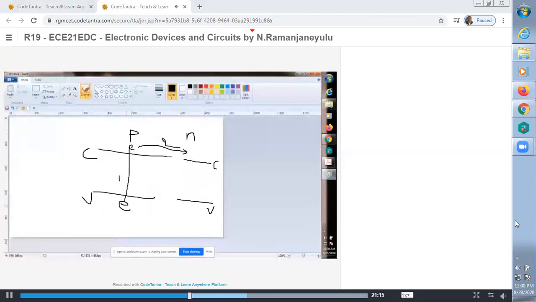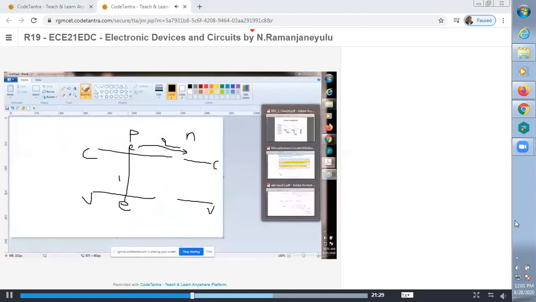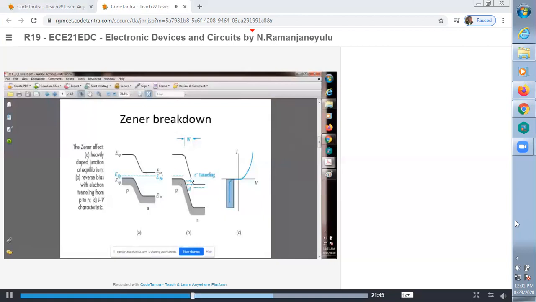What is the normal way? P side valence band to P side conduction band is the first step, and the second step is P side conduction band to N side conduction band. That is the normal process. But using the tunneling mechanism, it does not follow the normal procedure; it moves directly from the P side valence band to the N side conduction band.